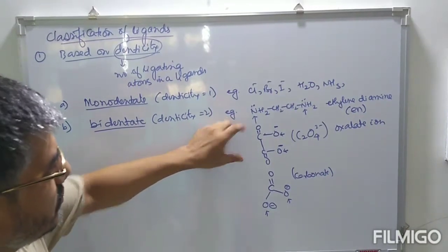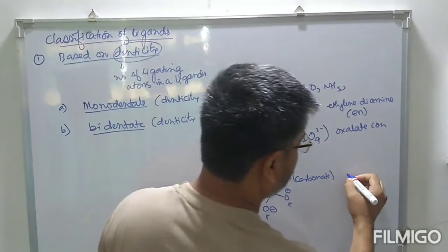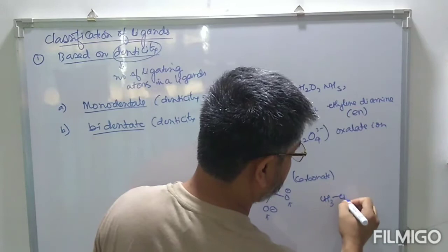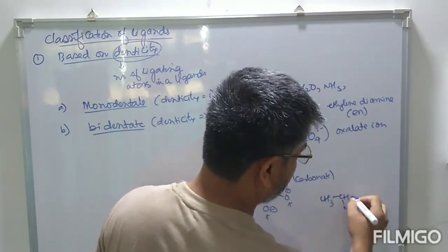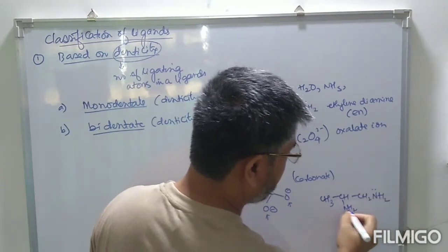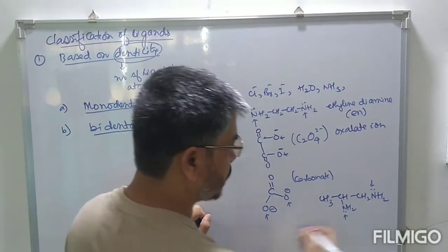Take this: CH3, CHNH2, CH2, NH2, 1,2-diaminopropane. We have donating sites, so denticity is 2.